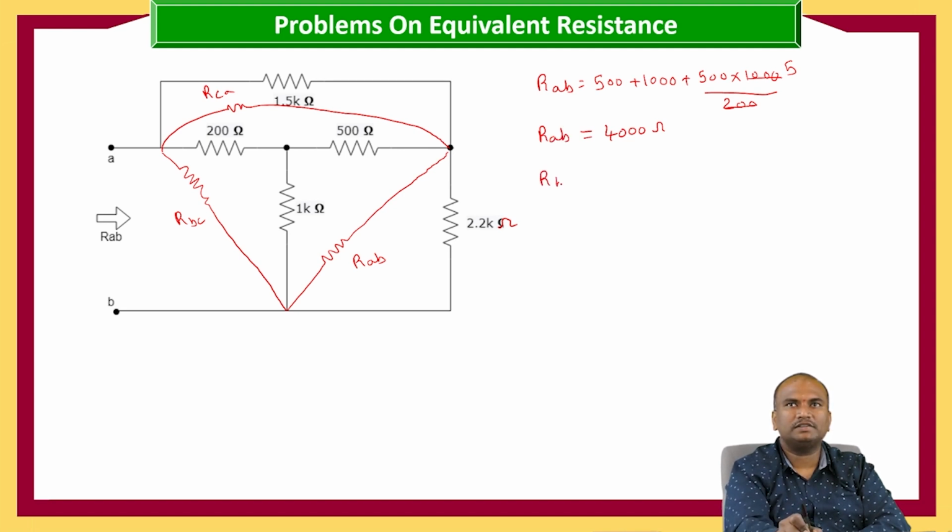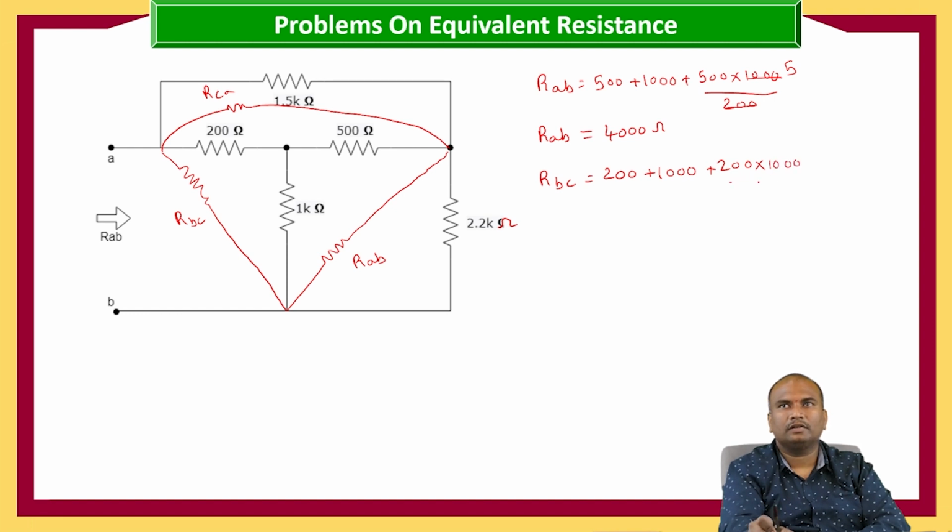And RBC is equals to 200 plus 1000 plus 200 into 1000 by 500, which is equals to 400 plus 200, 600 plus 1000, 1600 ohms.